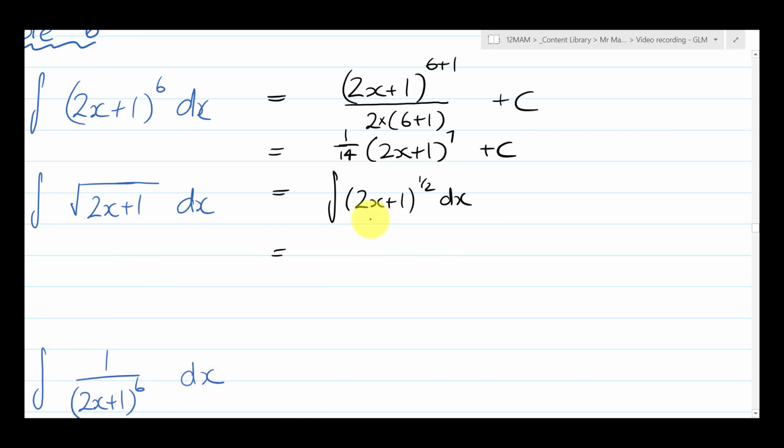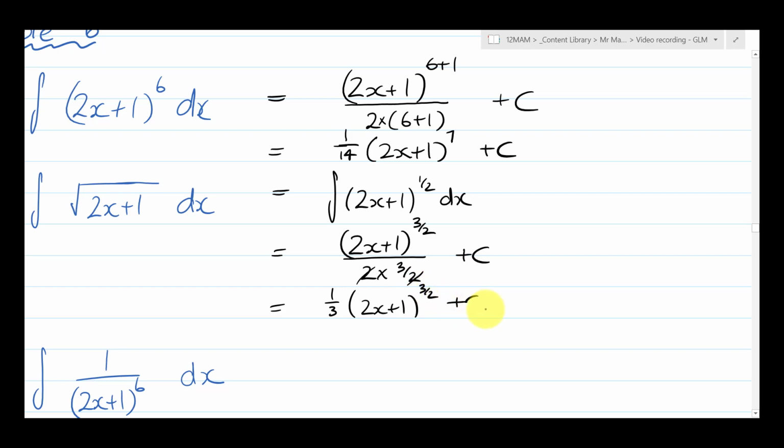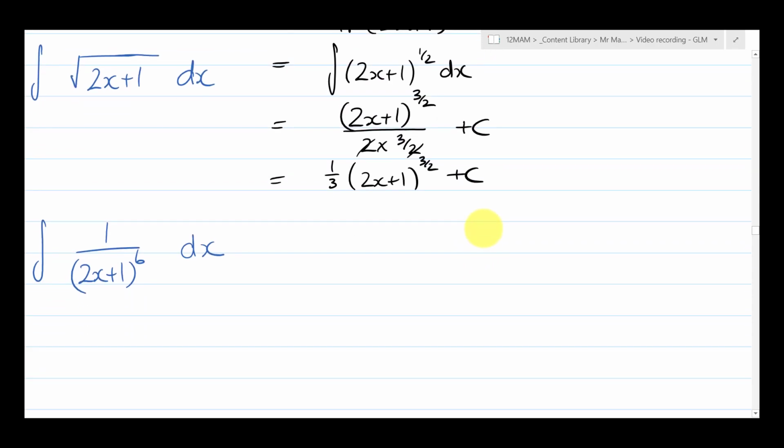So this becomes (2x + 1) to the power of 3 over 2, I've increased it by 1, divided by 2 times 3 over 2, plus c. The 2 and the 2 cancel out there, which leaves 1/3 of (2x + 1) to the power of 3 over 2, plus c. And of course, we could now write that back in its square root form if we wanted to.